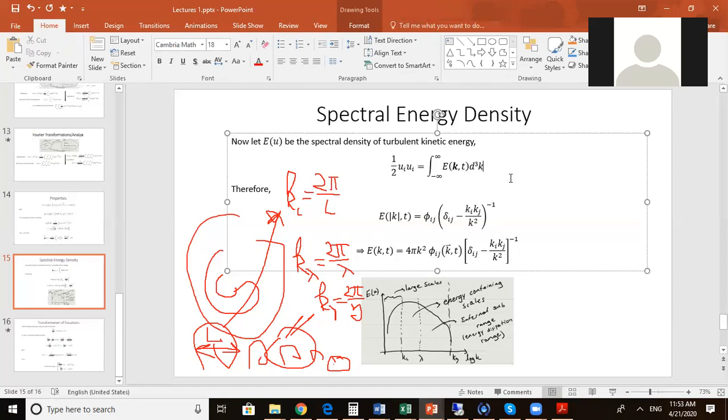Does that make sense? In reality, k has components k1, k2, k3. And in reality, it should be ij here. If you have ij here, your correlation function can actually be positive or negative, right? So it will be ij if you take the subscript.